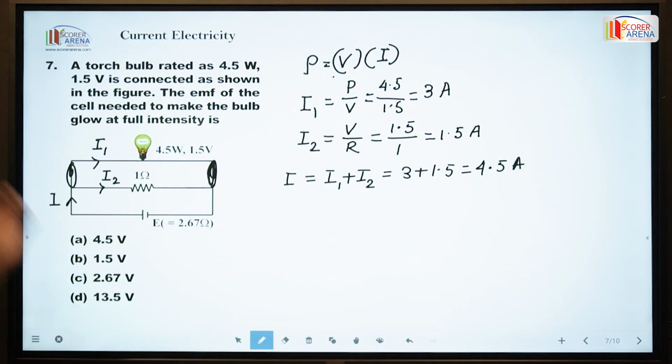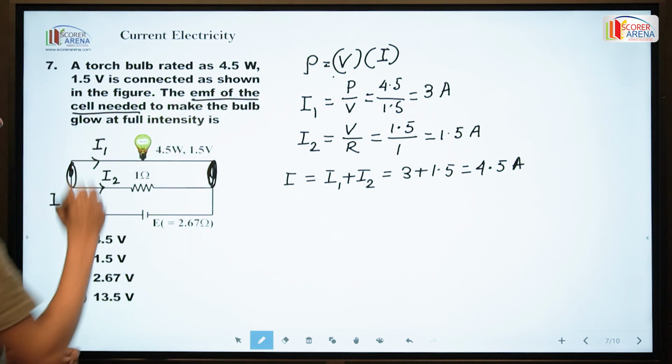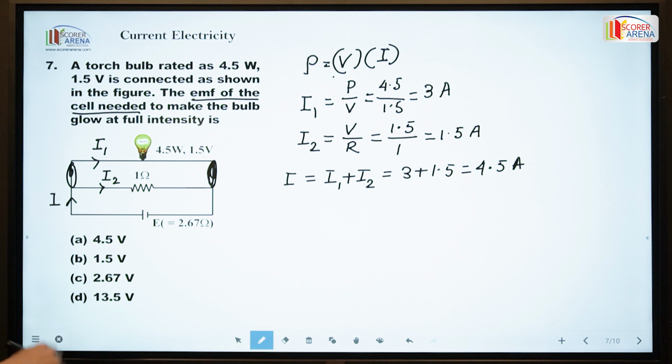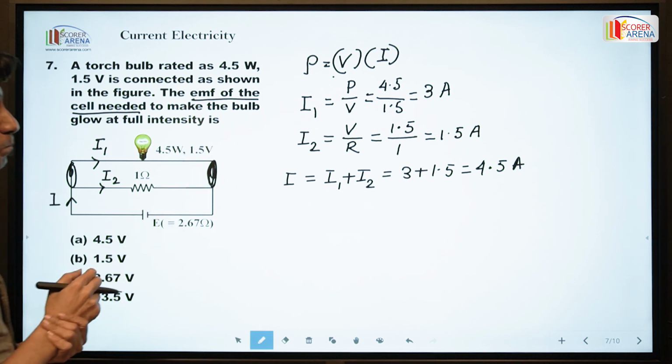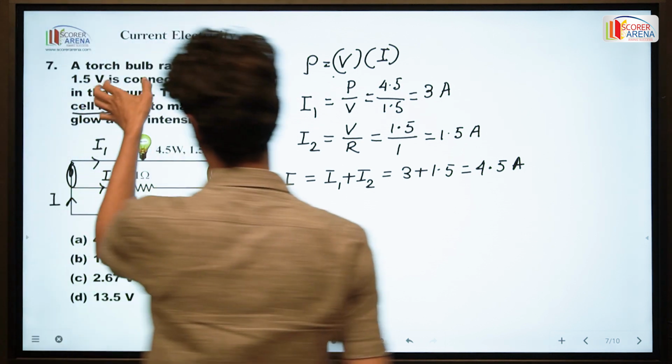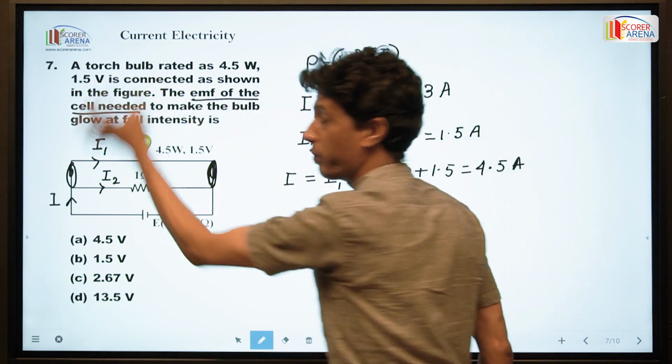The question asks for the EMF of the cell needed to make the bulb glow at full intensity. This bulb will glow at full intensity when the potential difference across it is 1.5 volt, because it is rated 4.5 watt and 1.5 volt.